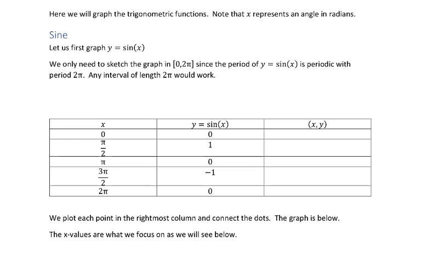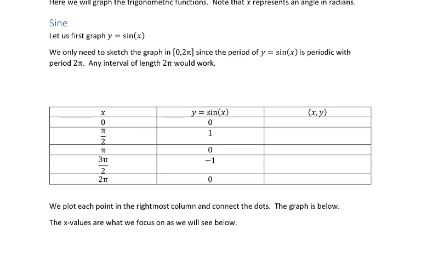Now, when graphing a function, of course, the more numbers from the domain that you use to graph the function, the better your graph's going to look. But for time consideration, we're only going to focus on certain x values. Now, remember, sine is 2 pi periodic.